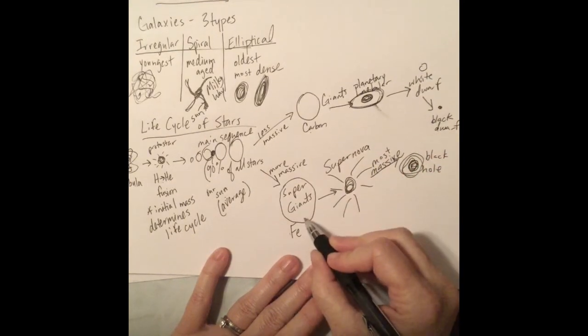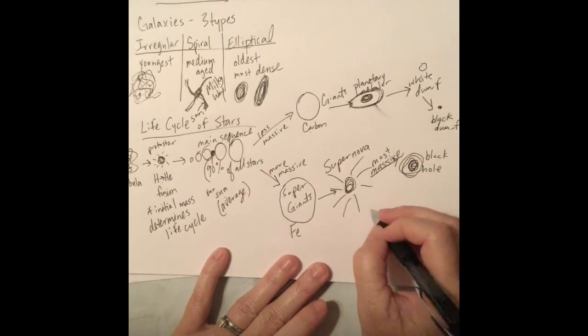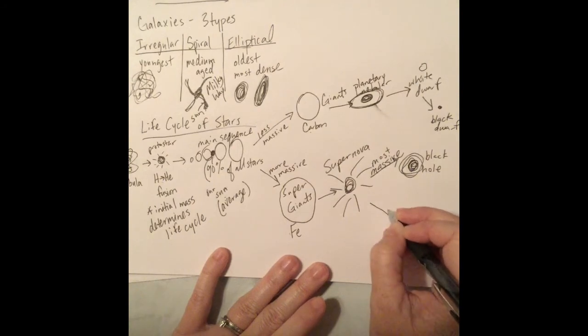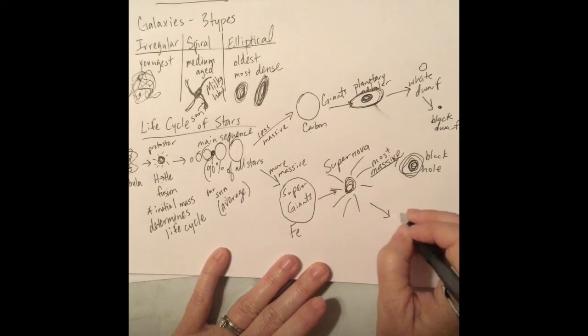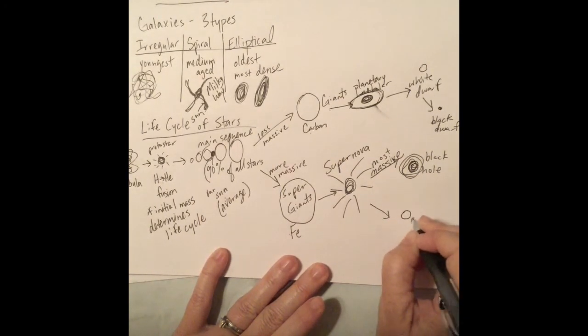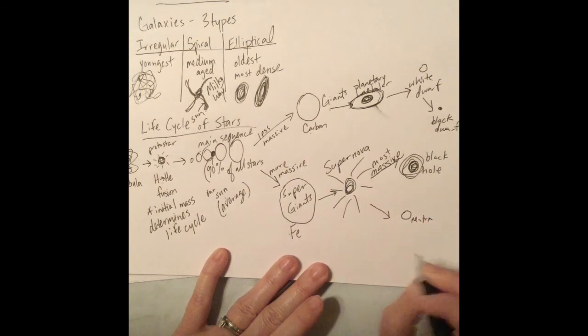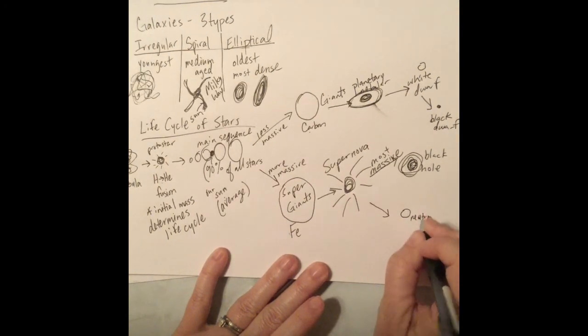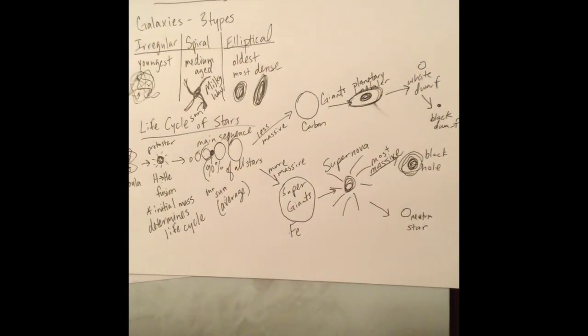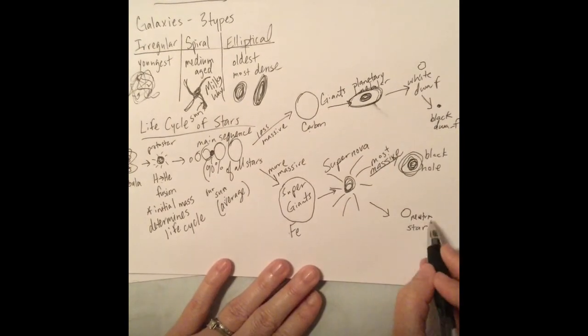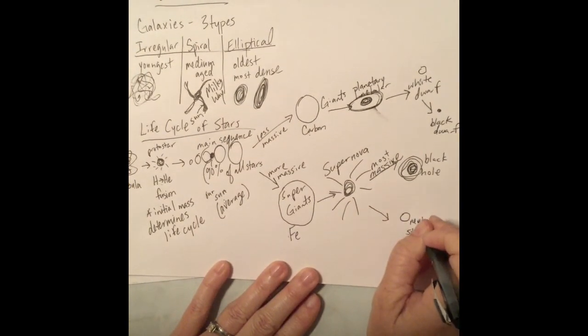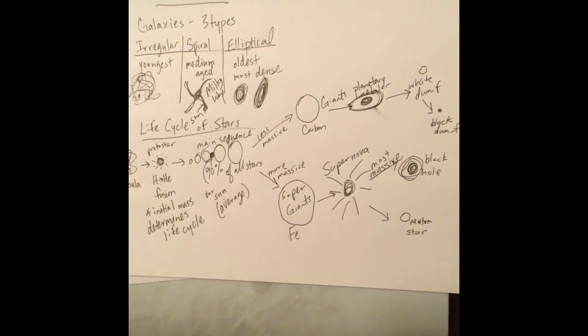Now the guys that are still supergiants and they still undergo a supernova, but they're just a little bit less massive than the most massive, they create a neutron star, which is the most massive, the most dense of any star that we know of. And they also emit radioactive waves. So neutron stars are also an option for the death of supergiants.